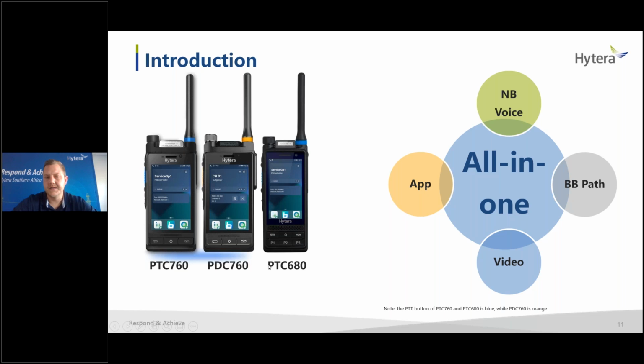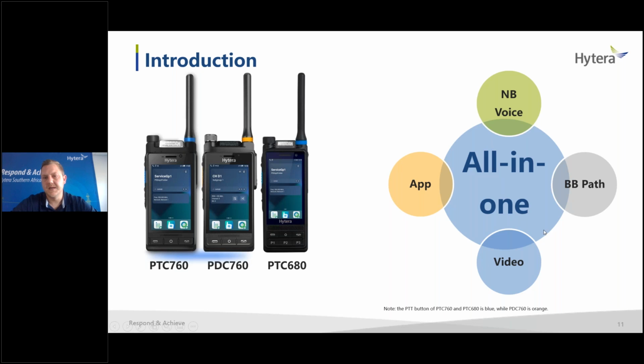So you'll see the PTC 680 is a lower series than the PTC 760, and you'll also see it's smaller than the 760. There is also another model called a PDC 550. It's not on these slides. It's going to be in the POC terminals because it's labeled under the POC terminals, but it's also a DMR radio and a POC terminal.